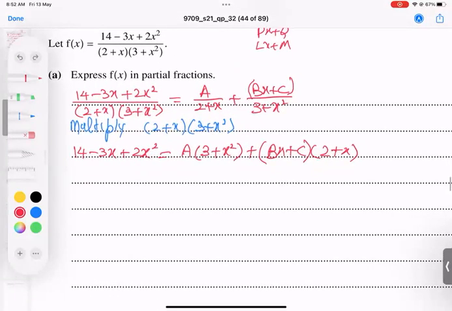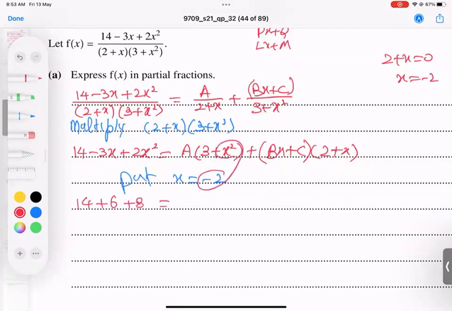Now what to do after that? We have two factors. One is linear, one is quadratic. So take the linear part equal to 0. I mean to say 2 plus x equals 0, x becomes negative 2. So put throughout the equation x equals minus 2. 14 plus 6 and 4 is 8.